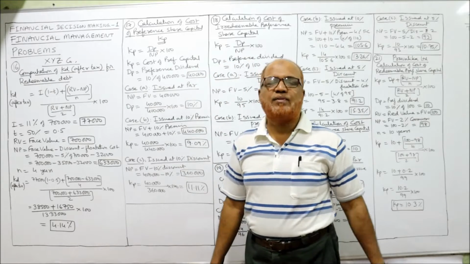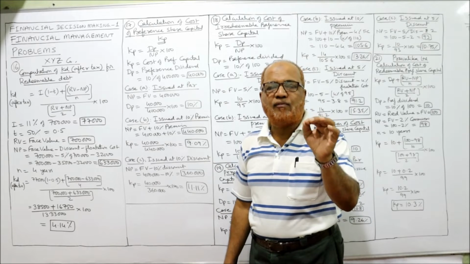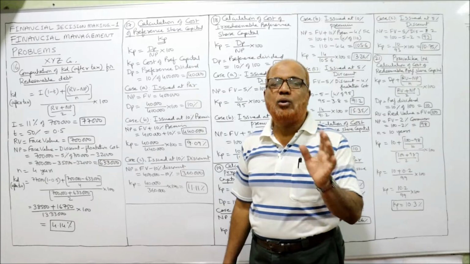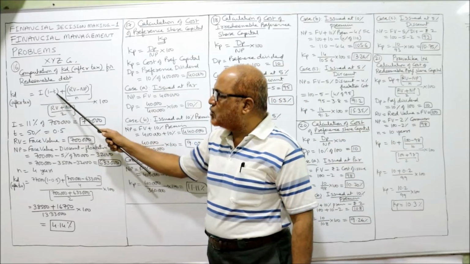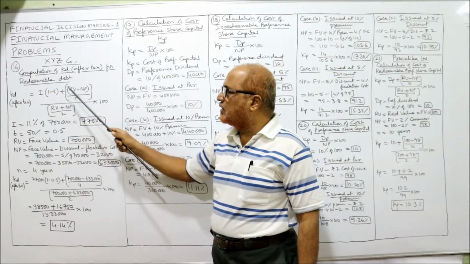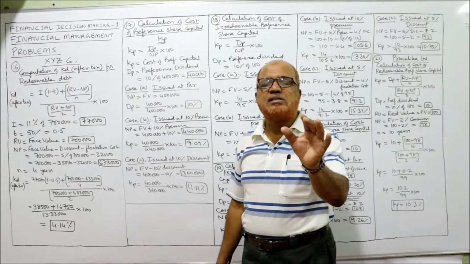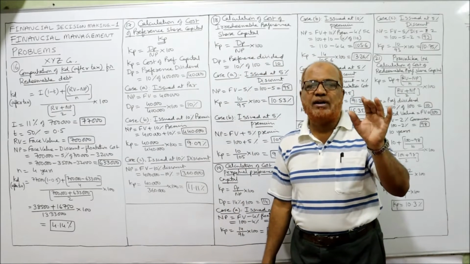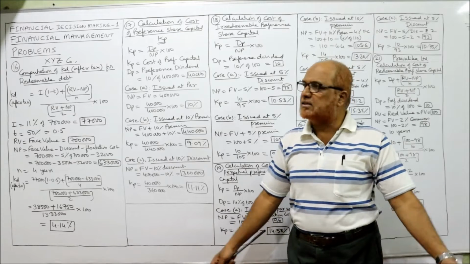But here it is specifically given that tax benefit is applied only for interest, not for others. So after I itself, here we should write 1 minus T. Don't take 1 minus T in the last. That is the new point in the problem, because specifically it is given tax benefit is available only for interest.